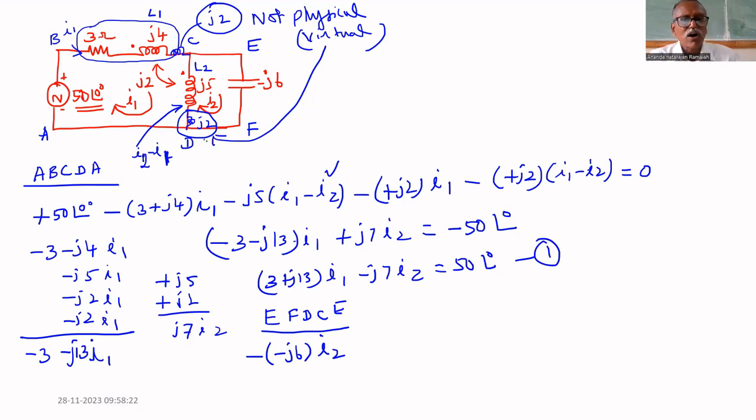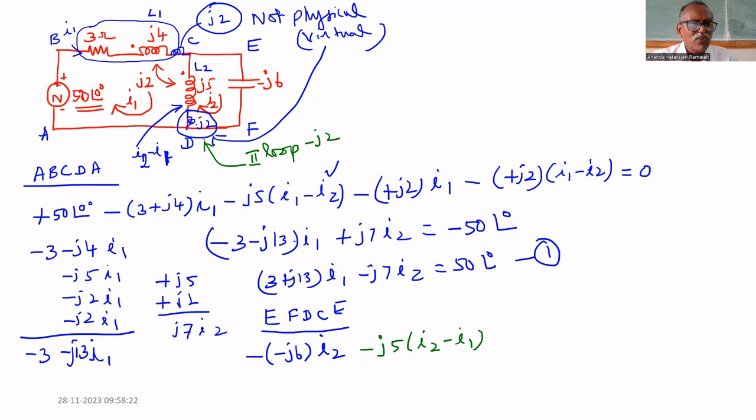For the second loop it is minus j2. Why minus j2? In the first loop we considered plus j2, but for the second loop it is minus j2 because I2 is leaving the dot and I1 is entering the dot; the dots are in opposite directions. For j5, we are traveling along the current direction, that's why minus j5 (I2 minus I1).